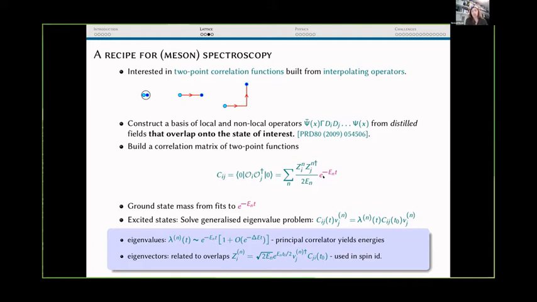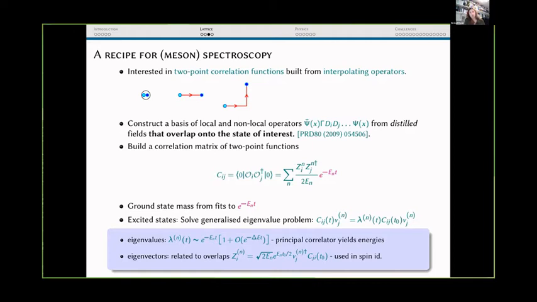What you're interested in is the energy of the state n, E_n, which is upstairs in the exponential with some prefactors in front. Of course, if you're interested in the ground state, then in your lattice calculation you go to large time extents, and that ground state, which is the lightest state in the system, you can calculate by exponential fits to its energy at large times.